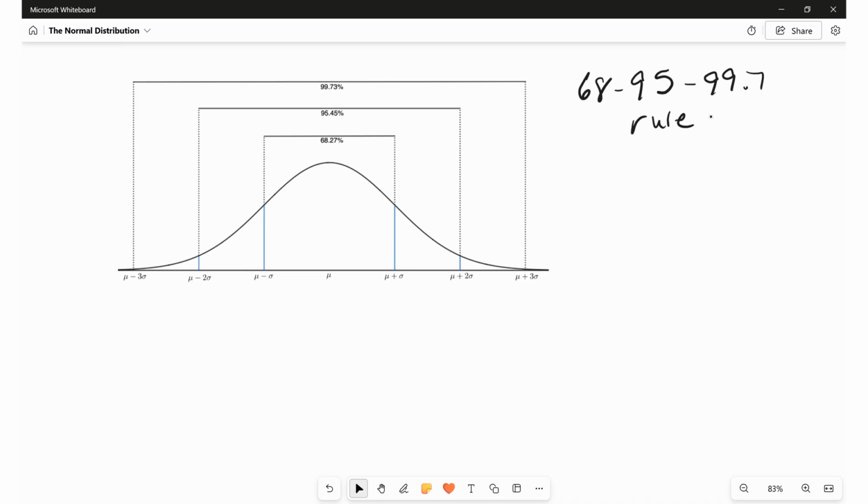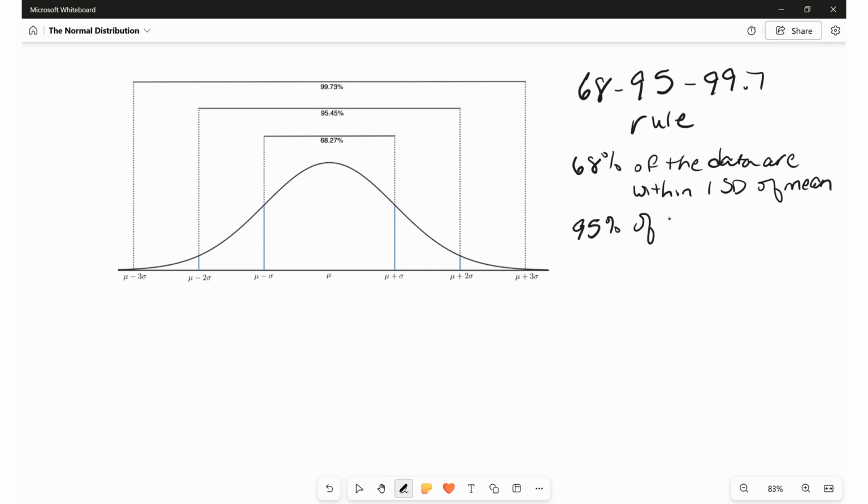And what this says is that 68% of the data are within one standard deviation of the mean. 95% of the data are within two standard deviations of the mean.